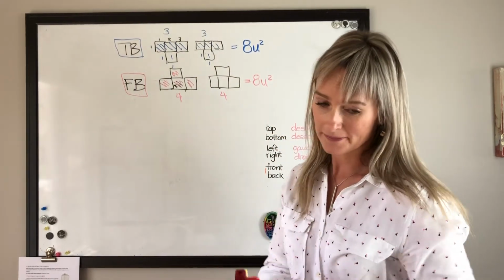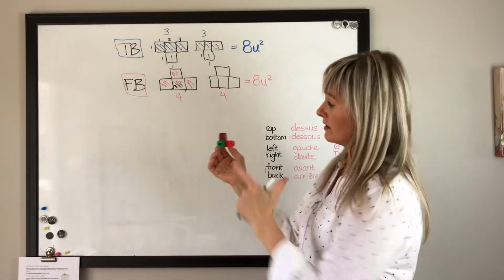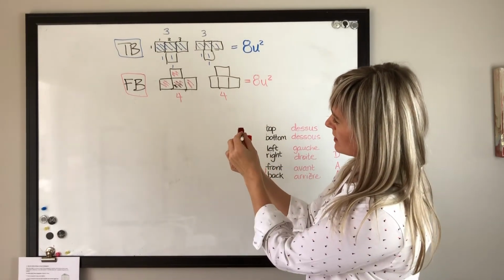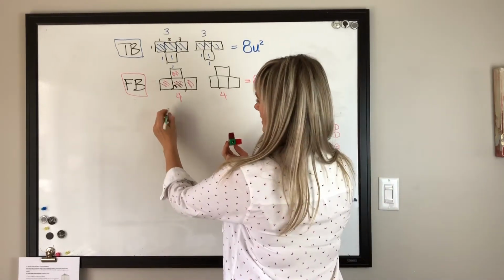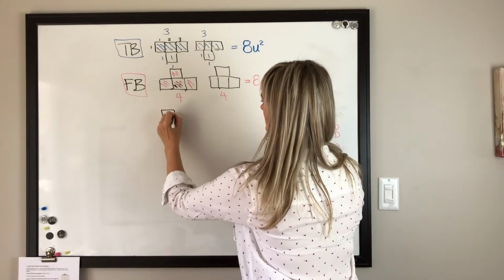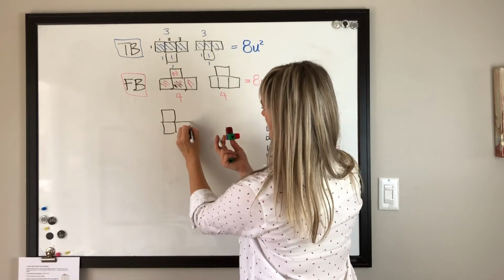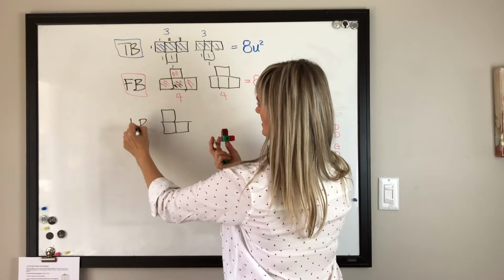We still have one more. We have to do the left and the right. So sometimes they're not all going to be like this, where they'll all be the same, so you really have to pay attention. Okay, so what does the left and the right look like? 1, 2, 3 units, and they look like this. This one sticks out farther, and this guy goes this way, and this is the left and the right.